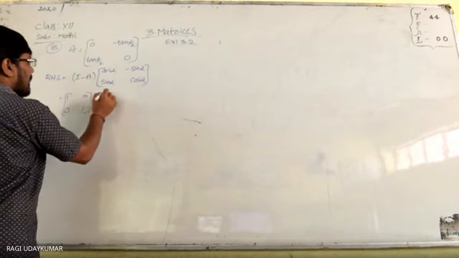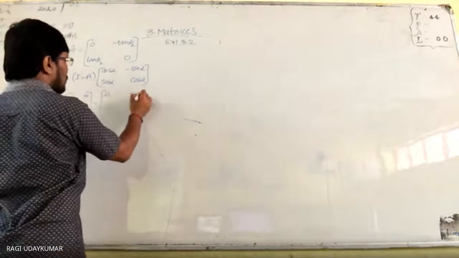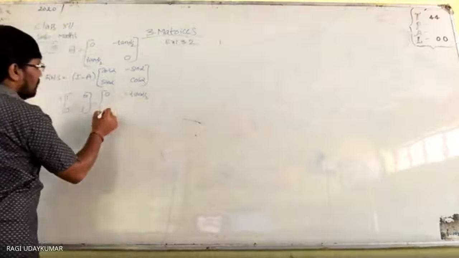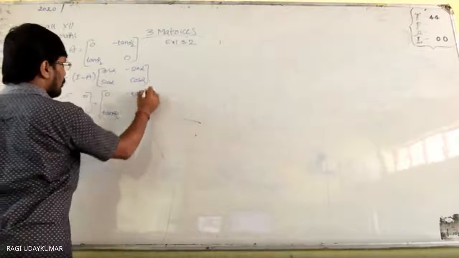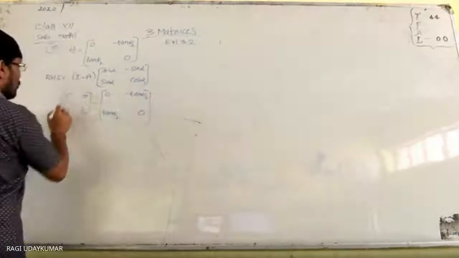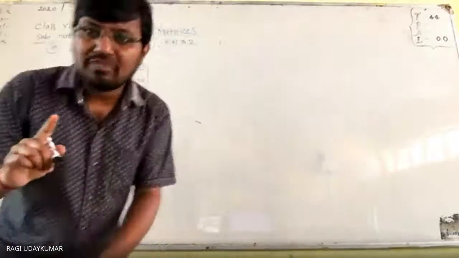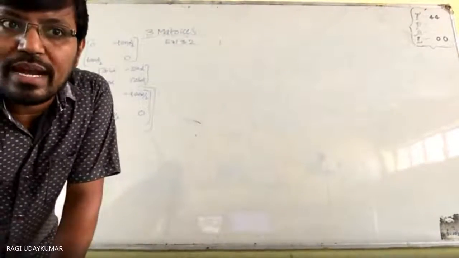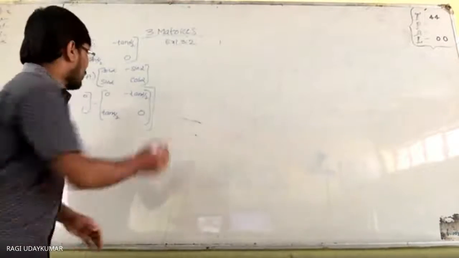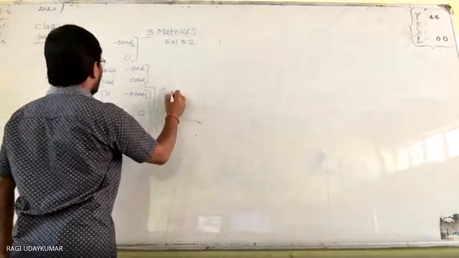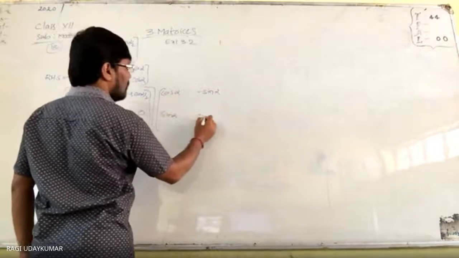1, 0, 0, 1 minus this matrix, 0, minus tan alpha by 2, and tan alpha by 2, 0. These two you have to simplify and make it a single matrix. After making it a single matrix, you need to multiply it with this one matrix whatever is given here, that is cos alpha, minus sin alpha, sin alpha, cos alpha.